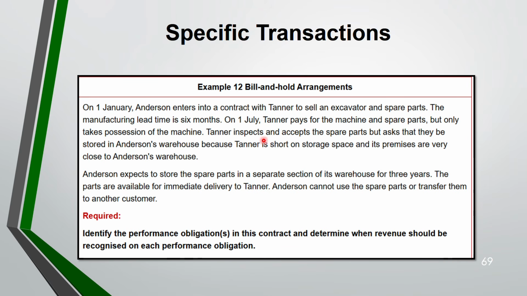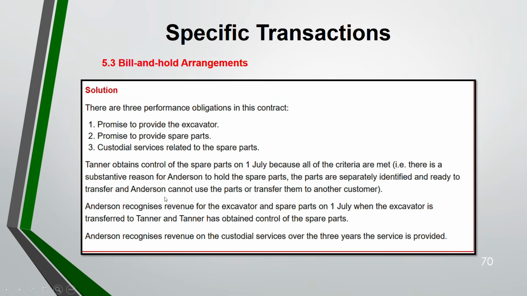Tana inspects and accepts the spare parts, but asks that they be stored in Edison's warehouse because Tana is short on storage space. Edison expects to store the spare parts in a separate section for 3 years. Parts are available for immediate delivery, and Edison cannot use the spare parts for another customer. So now, 3 performance obligations: to provide the excavator, to provide spare parts, and custodial services related to the spare parts.